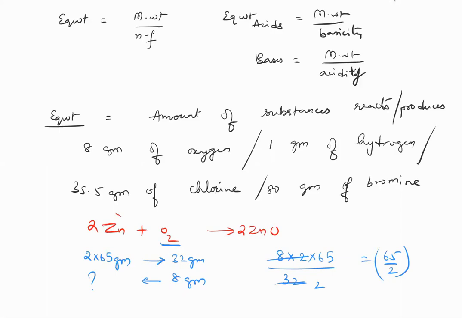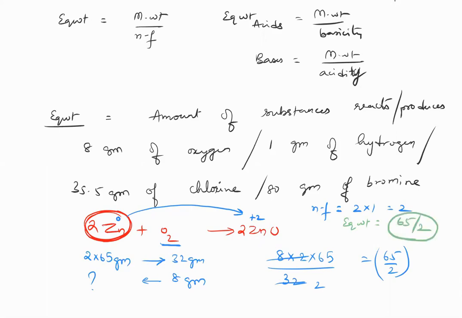Now let's use our modern methods to find the equivalent weight. In this reaction, you're trying to find the equivalent weight of zinc. Zinc is going from 0 to +2, so obviously this is a redox reaction. In redox, how do you write the N factor? Change of oxidation number into number of zinc atoms. So N factor is 2. Then equivalent weight is molecular weight of zinc divided by 2.